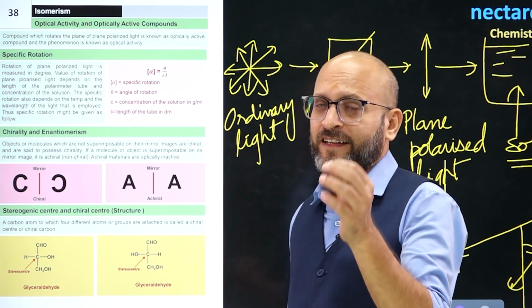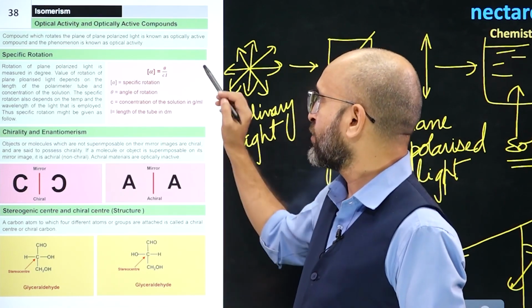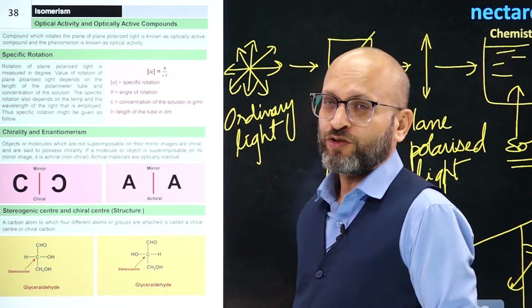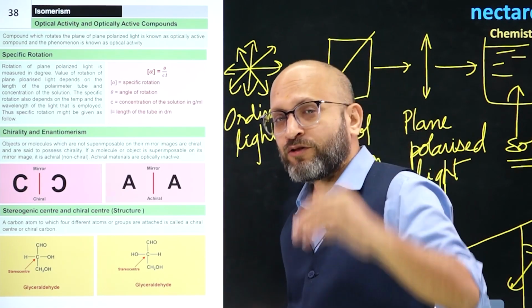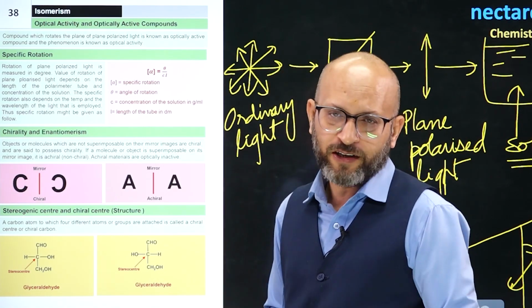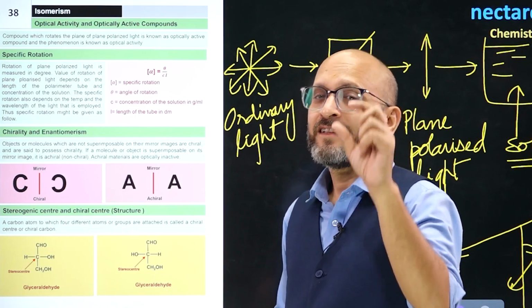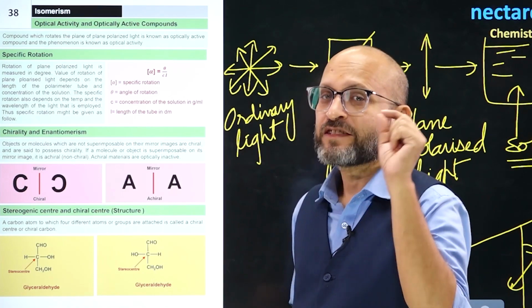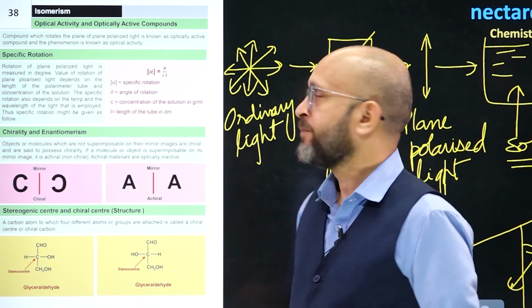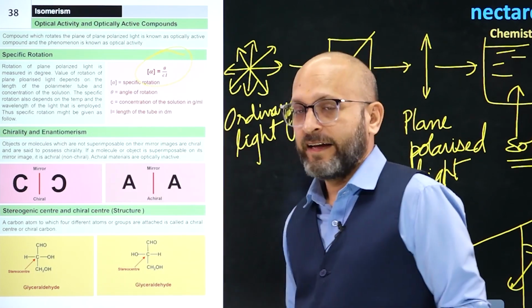This ratio of angle of rotation per unit concentration per unit length of polarimeter tube is known as specific rotation and is represented by alpha.